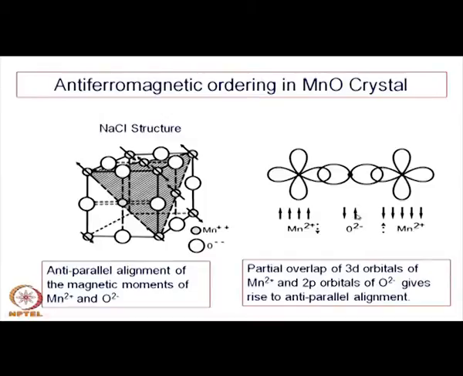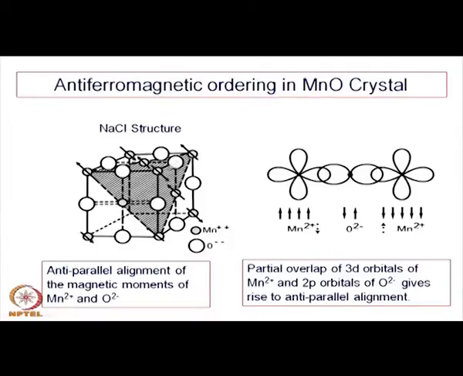Well, we are not going into the details of why exactly it happens, but this much information is acceptable for our purpose: this overlapping of the orbitals gives rise to the antiparallel alignment of the neighboring Mn2 plus ions. One Mn2 plus ion here and another Mn2 plus here, with oxygen in between.